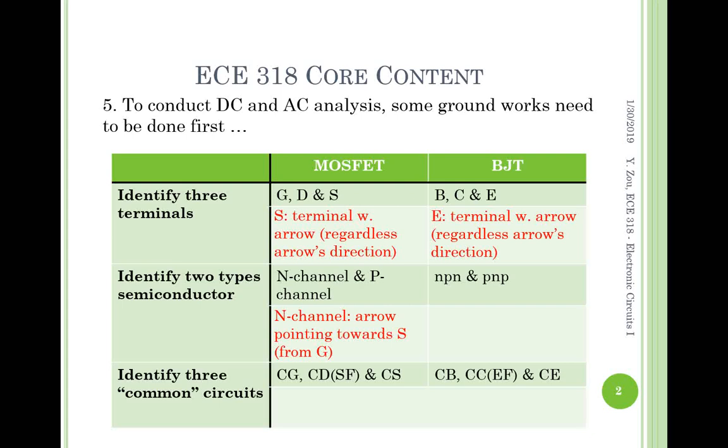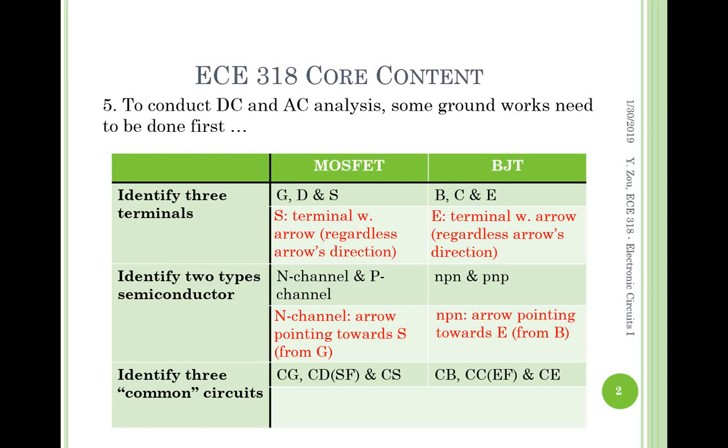Specifically, for an N-channel MOSFET, the arrow is pointing from G towards S. Otherwise, it is P-channel. For BJT, if the arrow points from B to E, it is an NPN BJT. Otherwise, it's PNP.